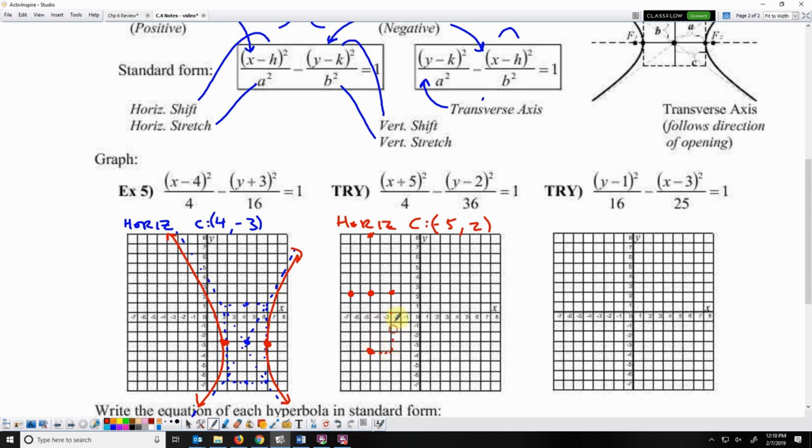And from there we build a rectangle. And we use the diagonals of that rectangle for asymptotes. So the centers of the right side and the left are my vertices. And go out and hug those asymptotes with the graph.